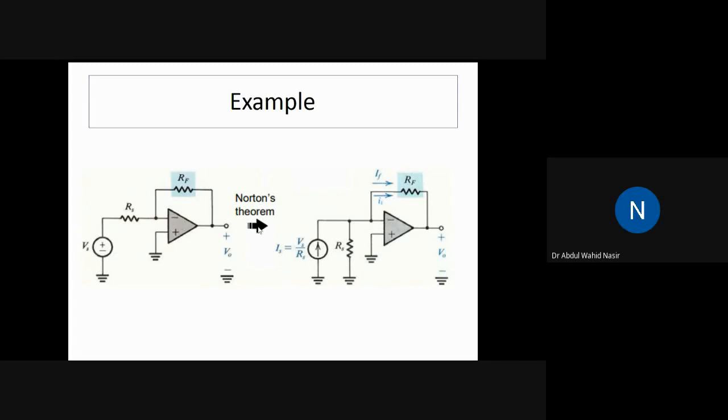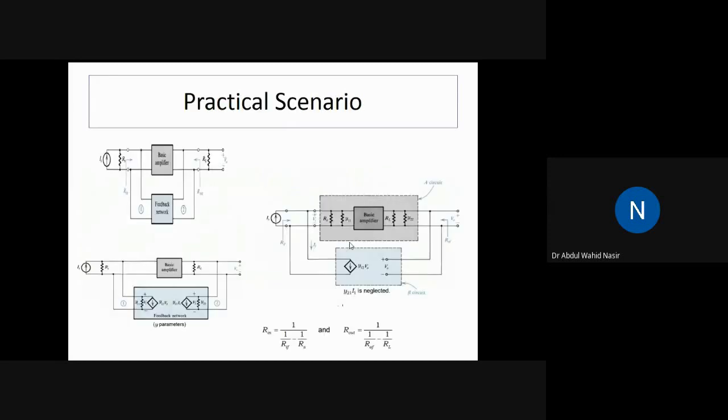That's why this VS can be represented as a current source VS by RS with resistance RS in parallel with the current source. Clear? So this is a practical scenario.